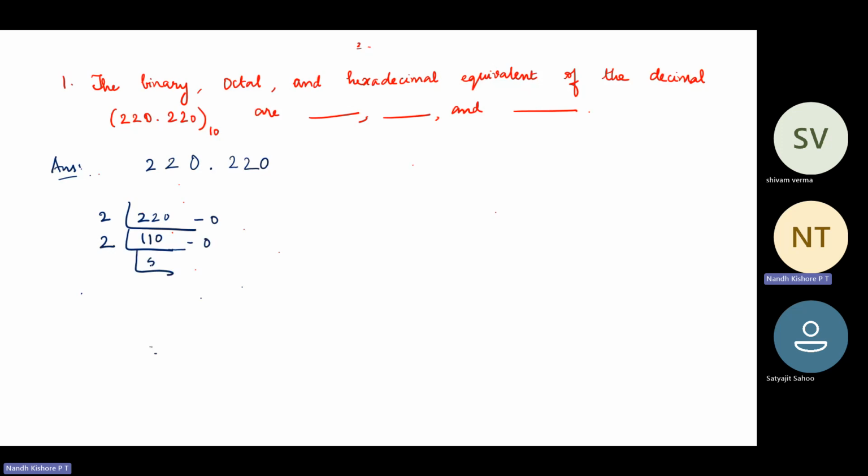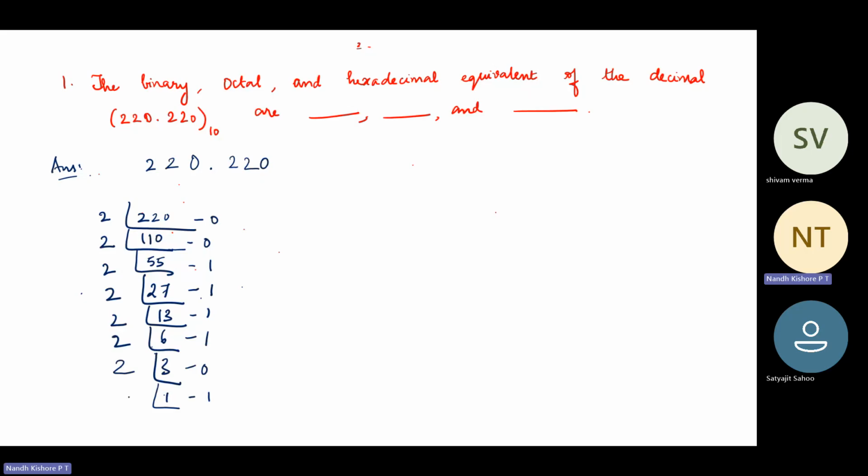Now divide 55 by 2: you get 27 with a remainder of 1. 27 divided by 2 gives 13 with a remainder of 1. 13 divided by 2 gives 6 with a remainder of 1. 6 divided by 2 gives 3 with a remainder of 0. 3 divided by 2 gives 1 with a remainder of 1.